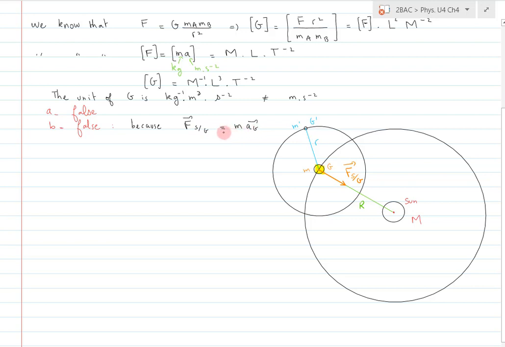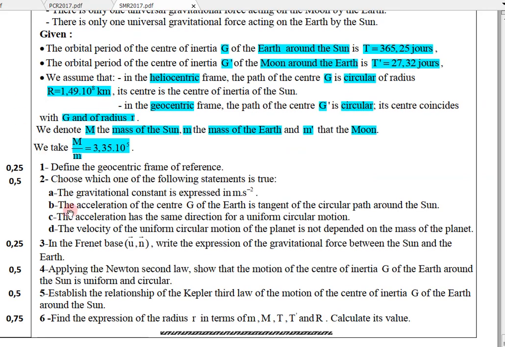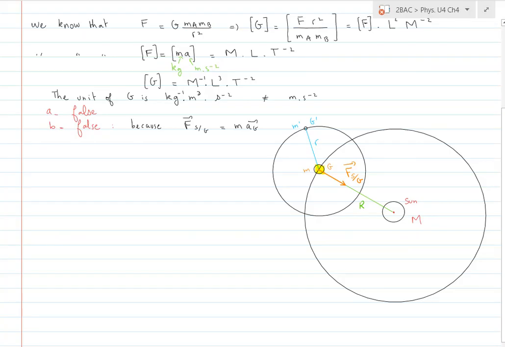They have the same direction, and we know that F is centripetal, meaning that it is normal to the trajectory and looking towards the center of curvature, in this case the center of the circle. So the question was the acceleration. In this case the acceleration is not tangent but normal to the trajectory. We say it's centripetal.